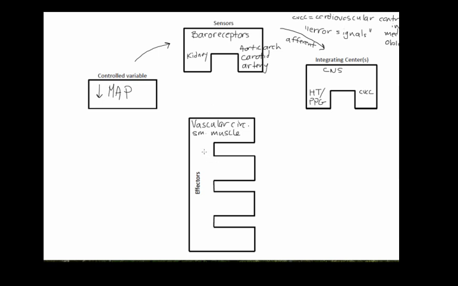And we have the SA node of the heart. So we have autorhythmic cells. We have our myocardial pumping cells. And the other tissue we haven't really talked a lot about yet, but we will, is the kidney.